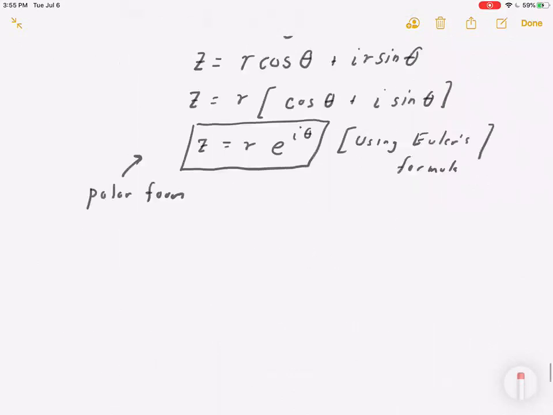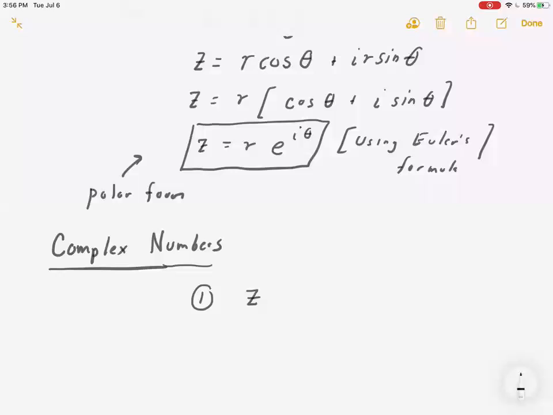So we can conclude our discussion of complex numbers by recognizing that there are two ways to express them. One way, I can just say a complex number z is just x plus iy, where the real part of the complex number is x, and the imaginary part is y.